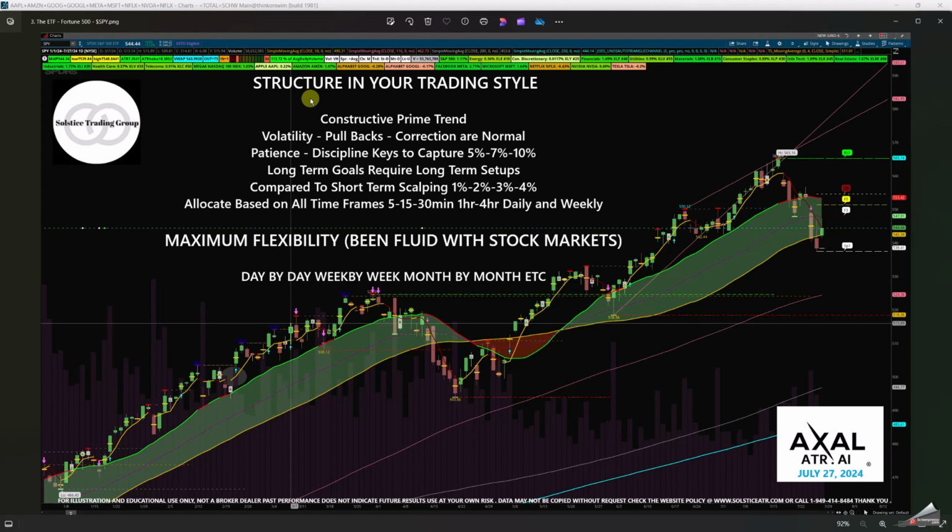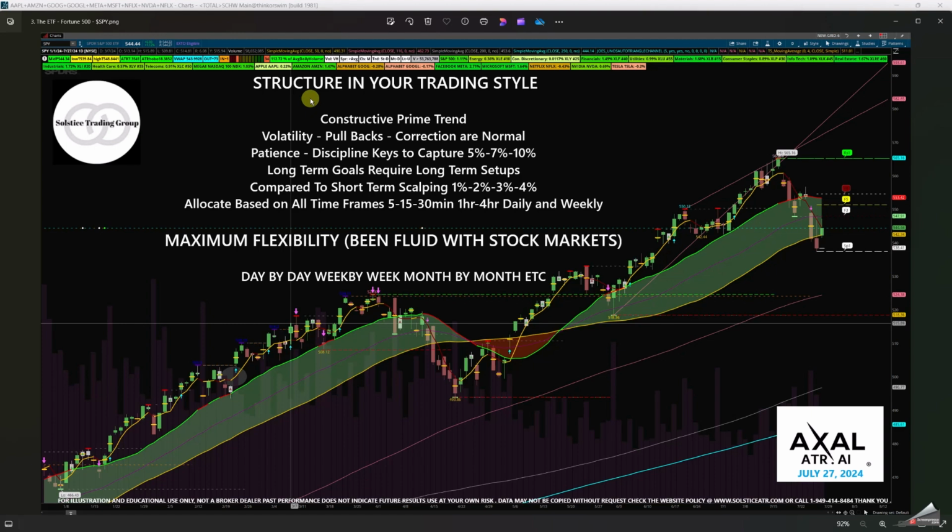Understand where your 5 simple moving averages, your 18 and 50, are in relationship to the long term and short term. There are going to be volatilities along the way and pullbacks at the same time, reversals and pulling back up. You have to be patient, look for setups, understand the long-term goals in relationship to the short-term goals. And when you are scalping, it's different than when you are looking for a swing trade.